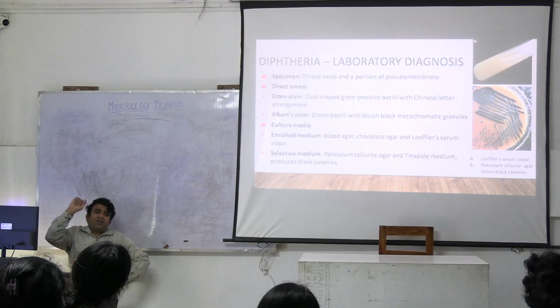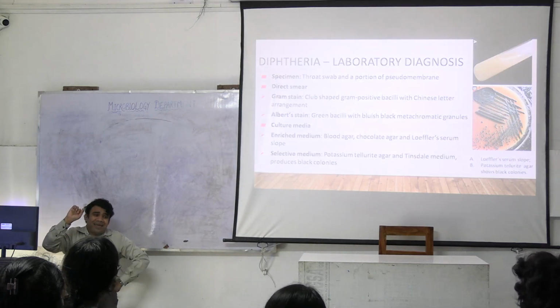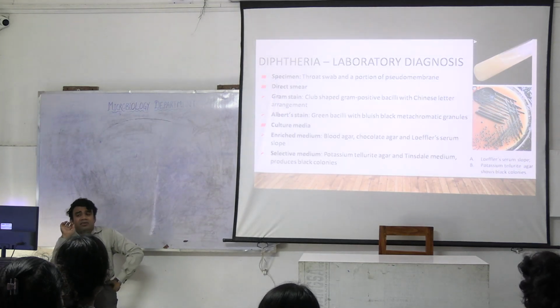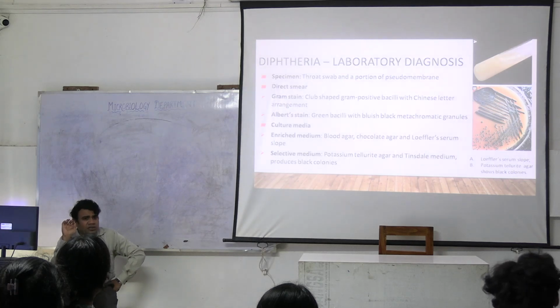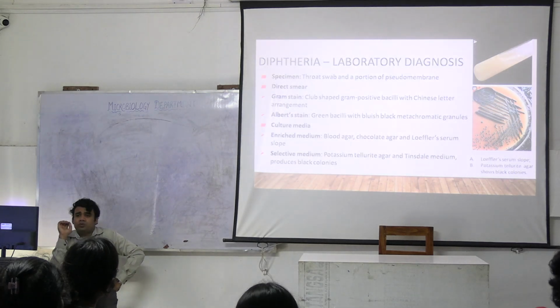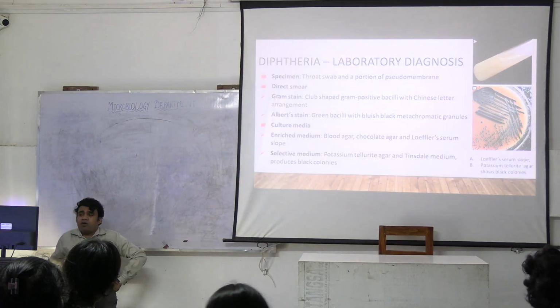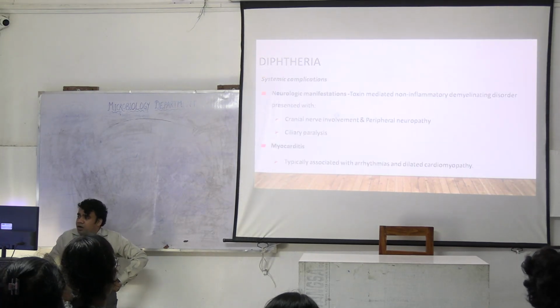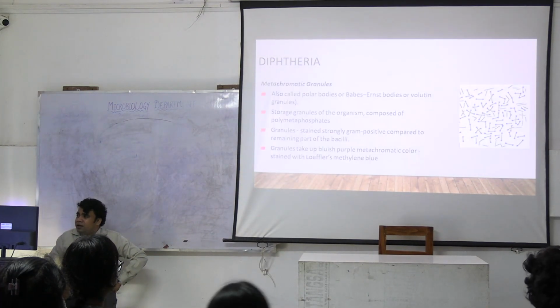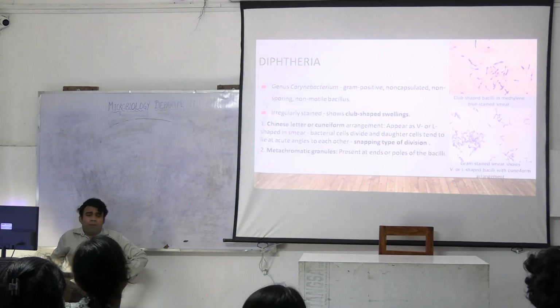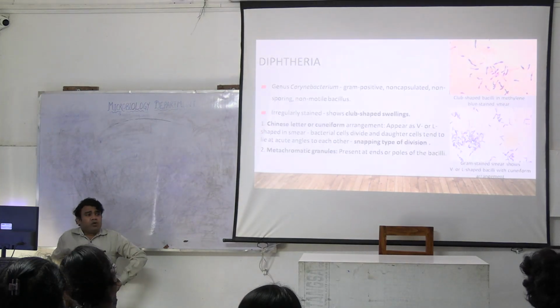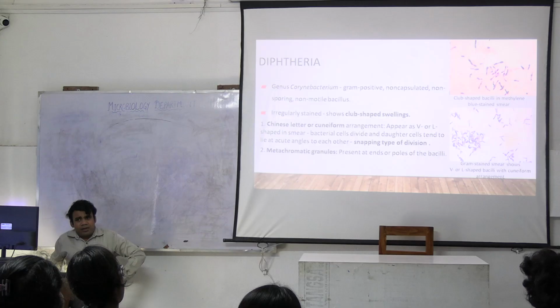Please inform the laboratory beforehand that you suspect this patient could have diphtheria, because diphtheria is a highly infectious disease. So the laboratory should be informed beforehand. Next, we can go for Gram stain and Albert stain. On Gram stain, again, we can observe Gram positive bacteria in a cuneiform pattern or Chinese letter-like pattern.